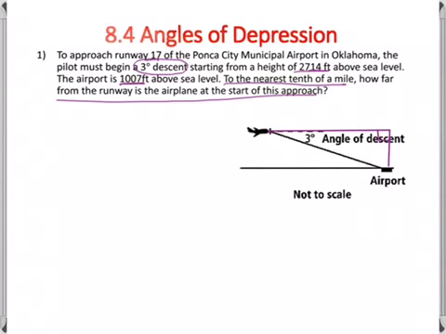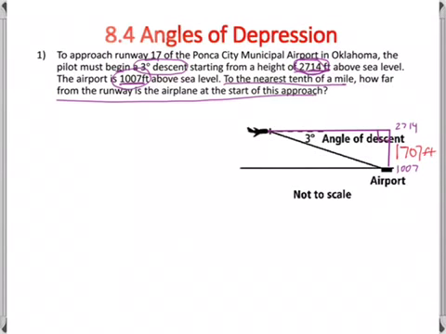But what they do tell us is that the height of the plane is at 2,714 feet, but the airport itself sits 1,007 feet above sea level. So what we need to do with those two measurements is subtract them to find the actual length of the height of the triangle there. And when you subtract the two, you should get that measurement is 1,707 feet.